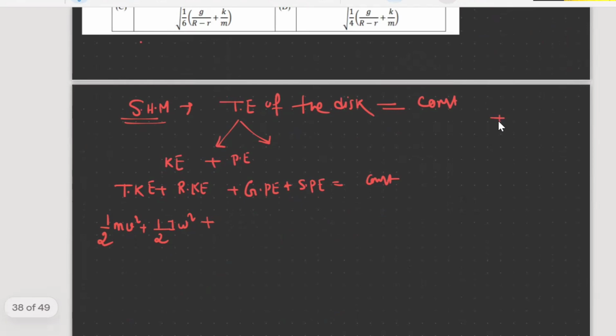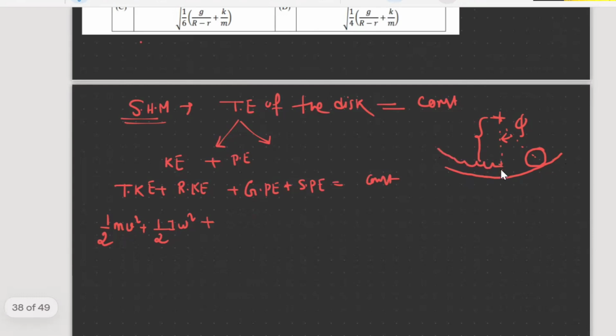Now we'll again draw one diagram. This is the ring surface on which the disk is rolling and covering the vertical distance. Let's say at any instant, the angular displacement with respect to the ring center is phi. We'll consider only the center to center distance, because that is where the spring is attached.